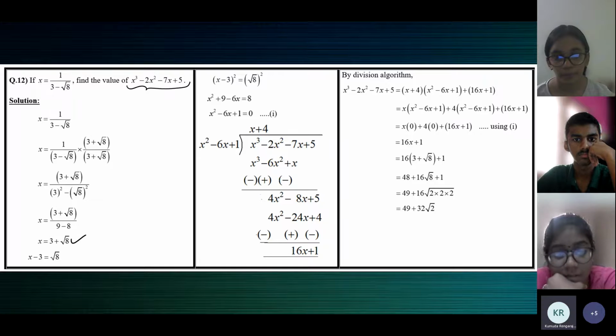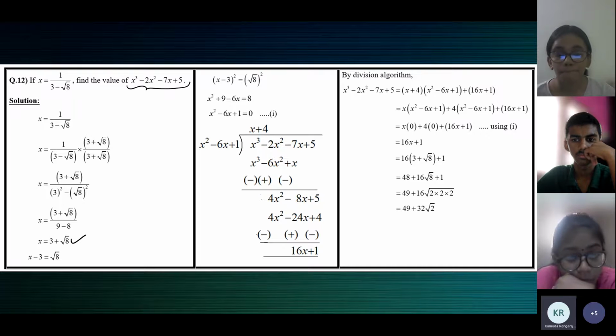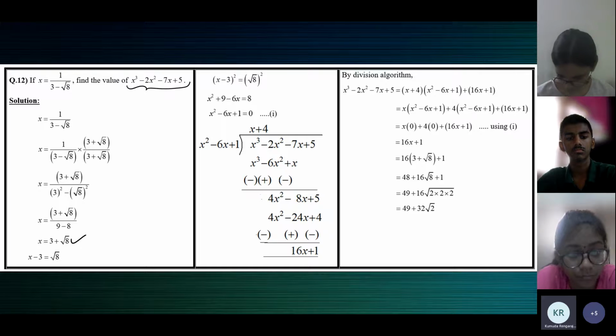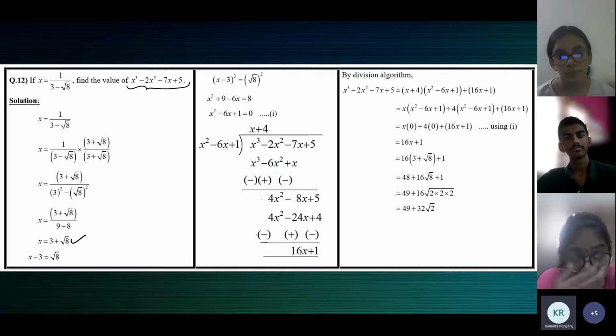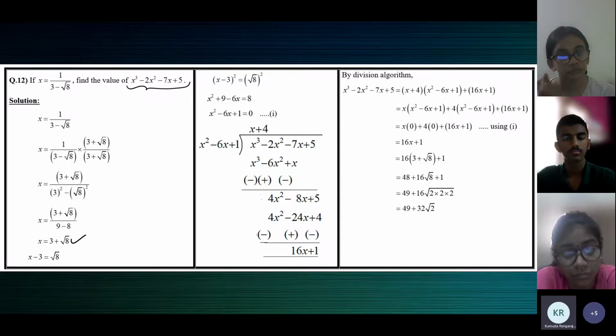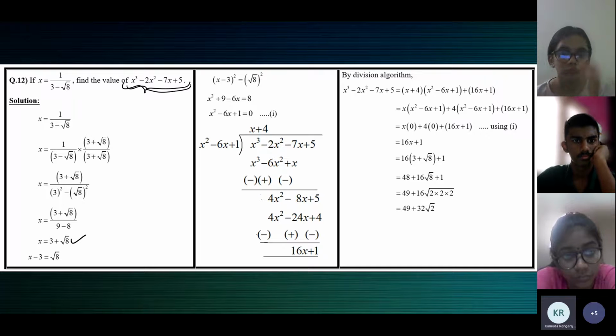Remember that to find the value of the expression x cube minus 2x square minus 7x plus 5, we are going to use the division algorithm. To use it, you'll have to perform a division process. To perform a division process, you need an expression for the dividend and an expression for the divisor. The dividend is what is to be found. We'll take this one as the dividend.